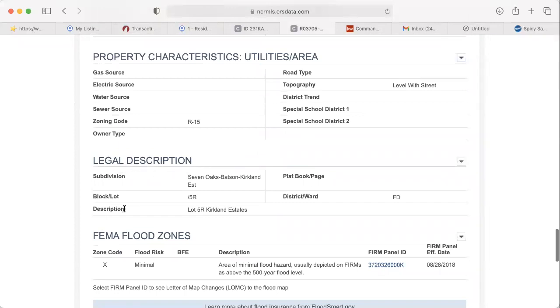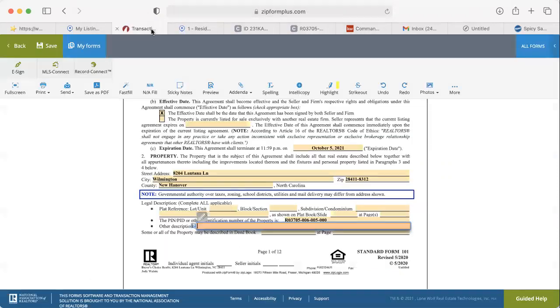So my legal description is Lot 5R, Kirkland Estates. So I'm going to copy that. And then I'll go back to my form. And that will actually go here under other description. And I'm going to paste it in here.